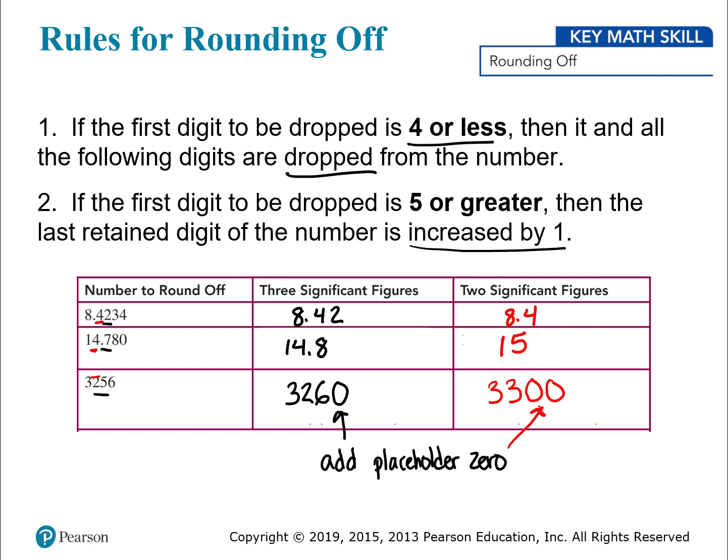So you can add placeholder zeros and still retain the number of significant figures that you need. Make sure that you understand this last one. That's the trickiest.